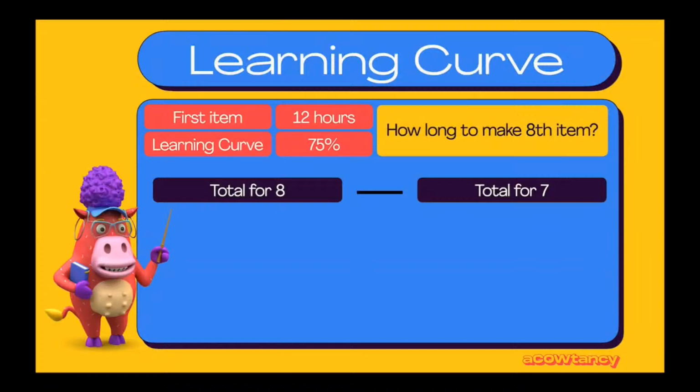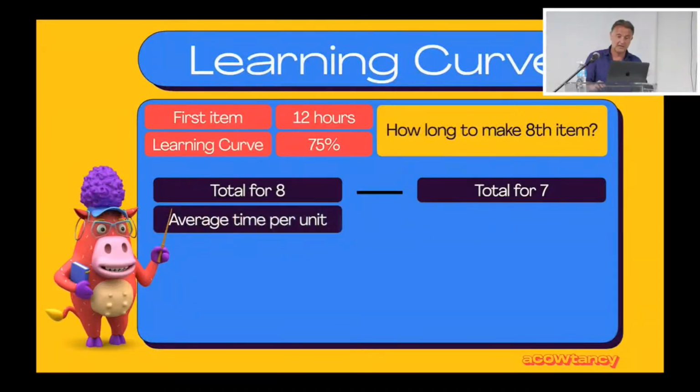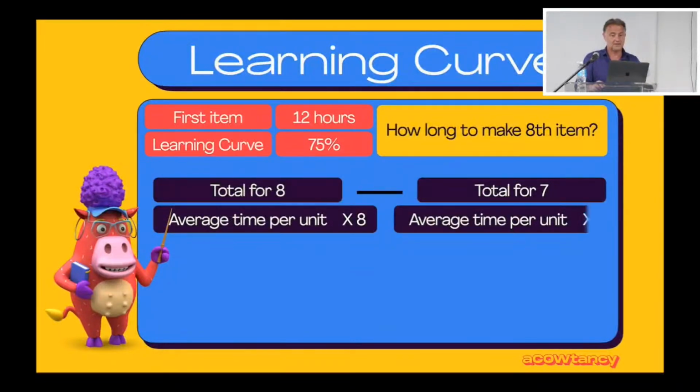But to get to that total for 8 is quite tricky. You have to work out the average time per unit and then multiply it by 8. To get the total time for 7, you do the average time per unit times 7. But your average time per unit will be different for each.